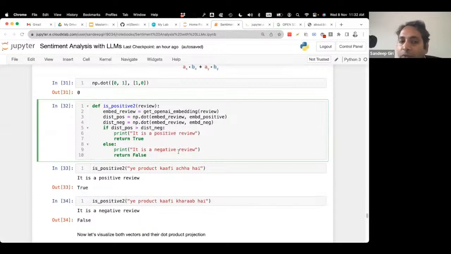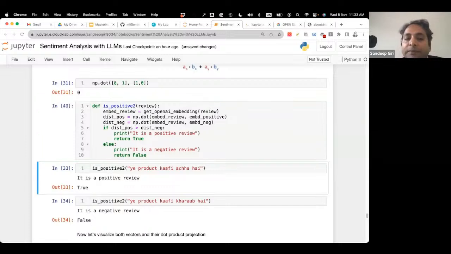Otherwise, it's a negative review. Remember earlier, this sign was less than. That was for distance. Here, dot product is basically x1 into x2, y1 into y2, like that for all 15 dimensions. So this dot product will multiply 15 numbers with the corresponding 15 numbers, and then sum up all of that, which will give you the score.